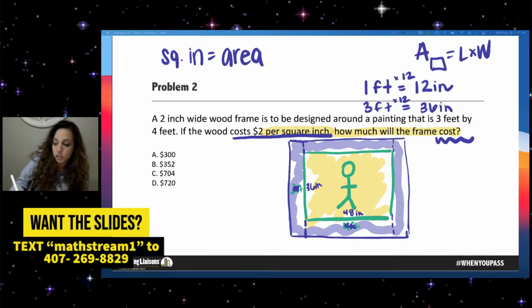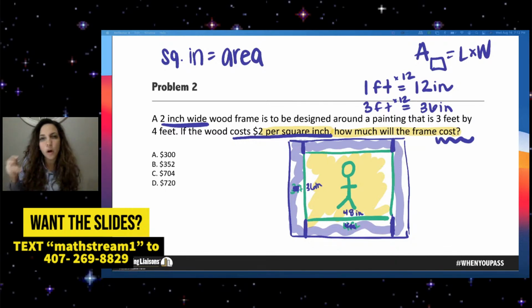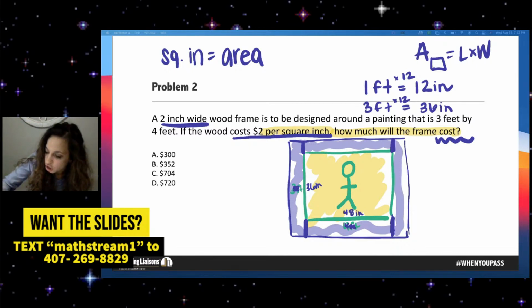We know it's a 2-inch wide frame. So I know that this distance right here is 2 inches. I also know that this distance right here is 2 inches, 2 inches, 2 inches, 2 inches, and then this is 2 inches as well. So what are the dimensions of my 4 rectangles? I'm going to change colors here.